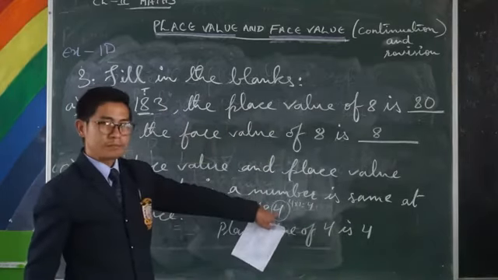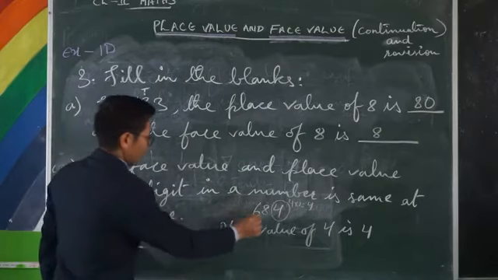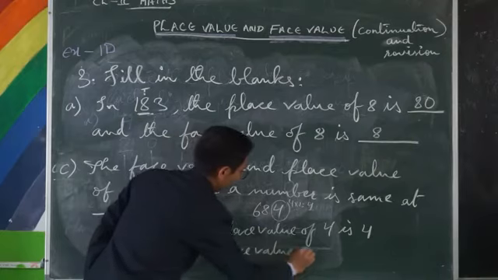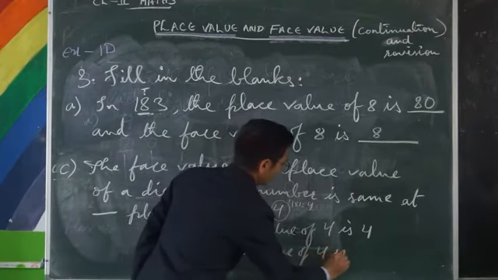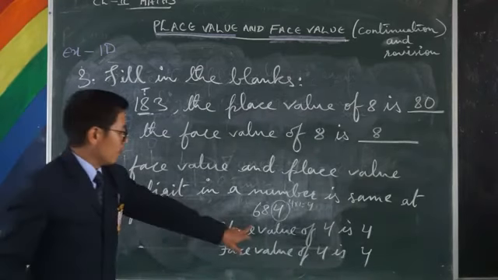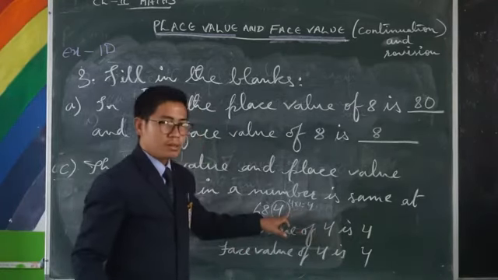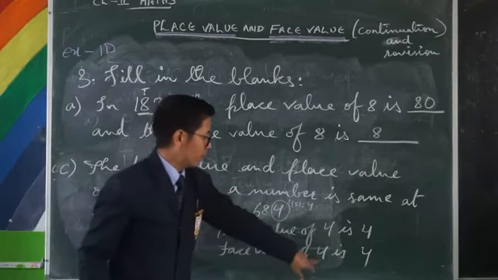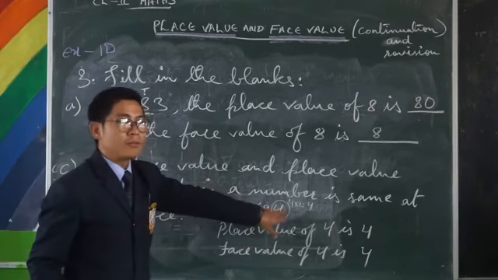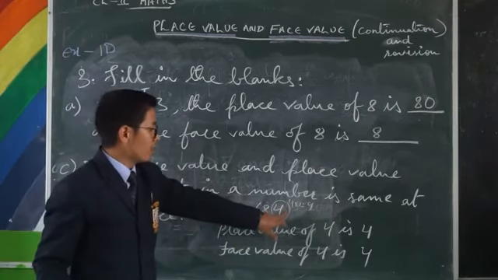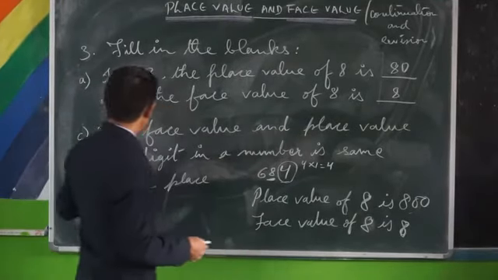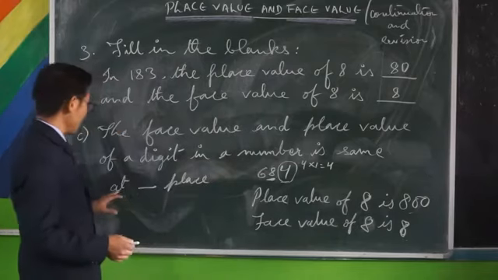Now, again, the face value of 4 is 4 only. Now you can see the place value of 4 is 4 in this number and the face value of 4 is 4. Now this is of the ones place. So the face value and place value of a digit in a number is same at that place.